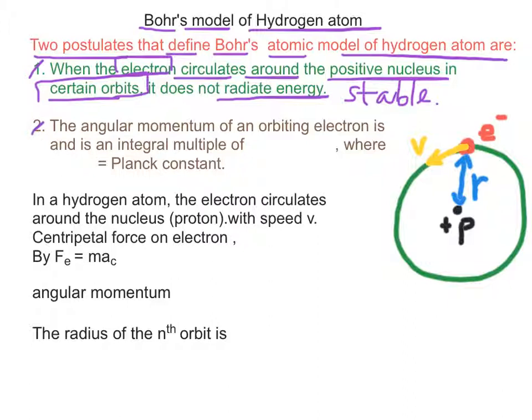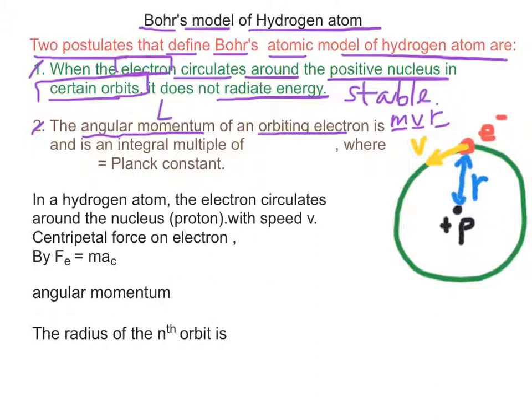Second, the angular momentum L of an orbiting electron is mvr, where m is the mass of the electron, v is the speed of the electron, r is the radius of the electron from the nucleus.